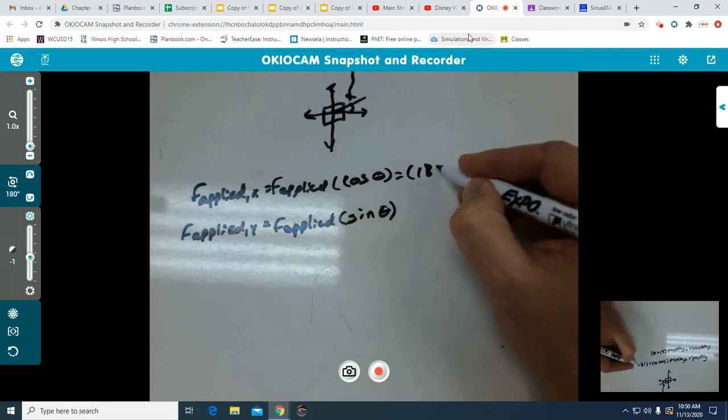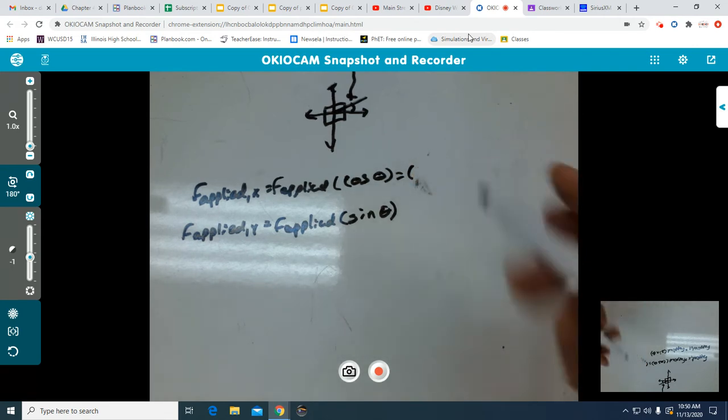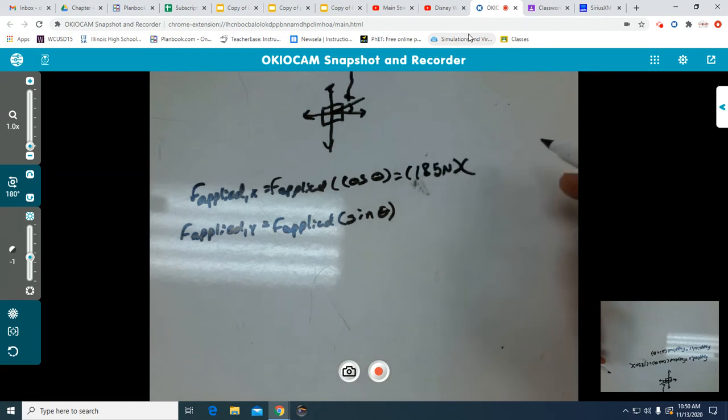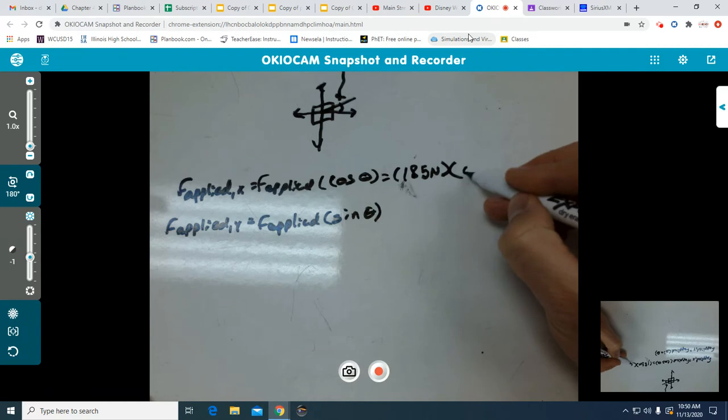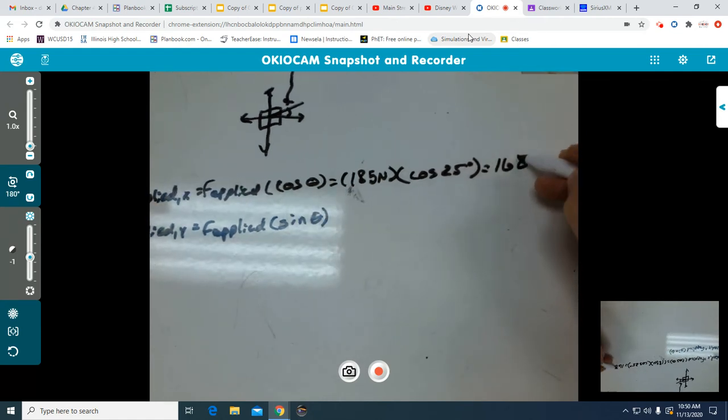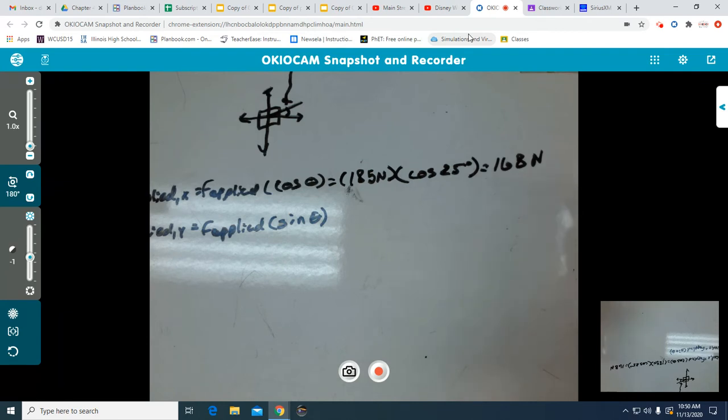Applied force, 185 newtons times the cosine of 25 degrees gives us an applied force in the X direction of 168 newtons. You're going to be rounding all the way through this problem, so I rounded a little bit there. So 168 newtons.